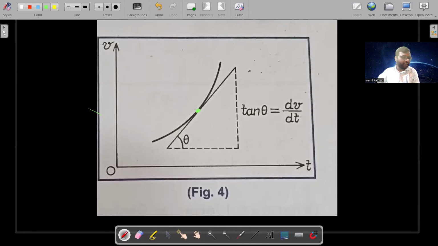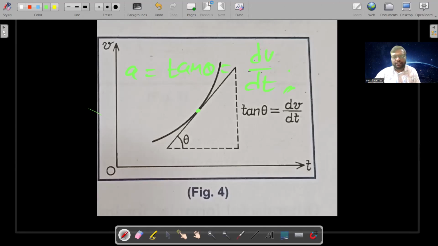Suppose consider this point, and here a will be equal to tan theta, which is equal to dv upon dt, the rate of change of velocity with respect to time t. This is about instantaneous acceleration.